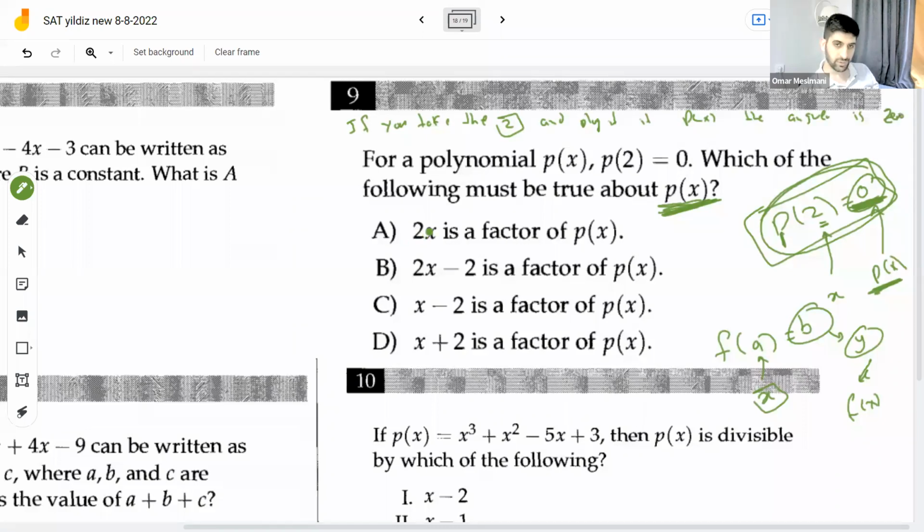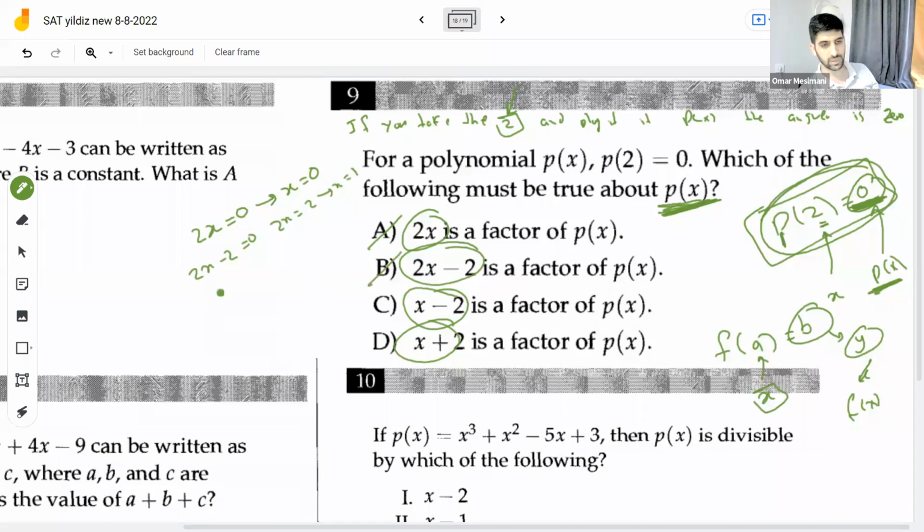So try to take all of these options and make them equal 0, and see which one will give you 2. If I take 2x equals 0, then x equals 0. So no. I will say 2x minus 2 equals 0. If you solve it, 2x equals 2, which means x equals 1. No. I will take C, which is x minus 2 equals 0. It means that x equals 2.